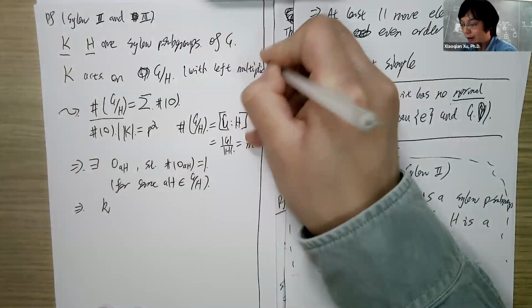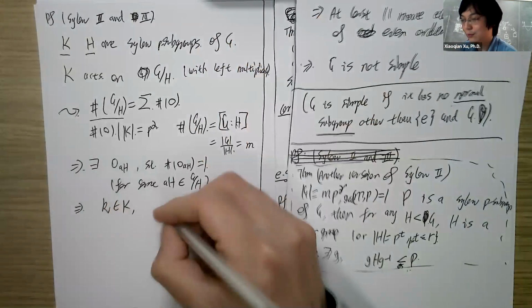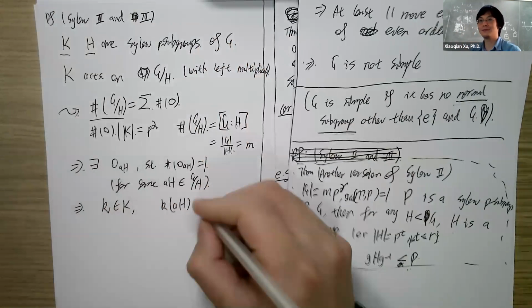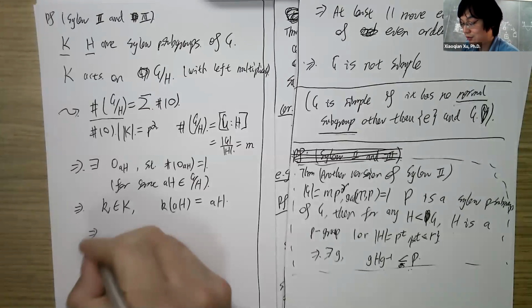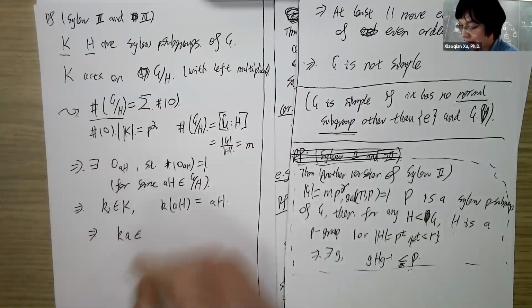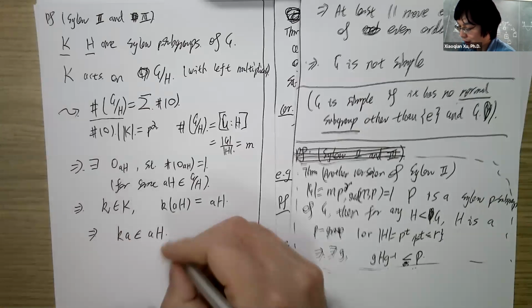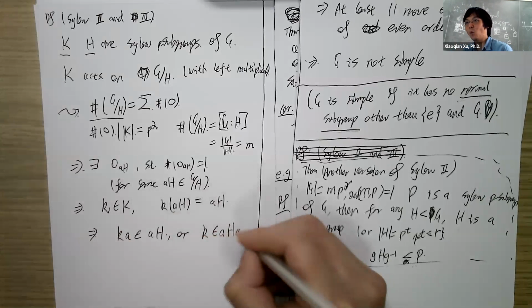So whatever k in K, k times AH must be equal to AH, otherwise the orbit contains more than one element. That means, since H contains the identity, ka must be an element of AH, or k belongs to AHA inverse. We are done.